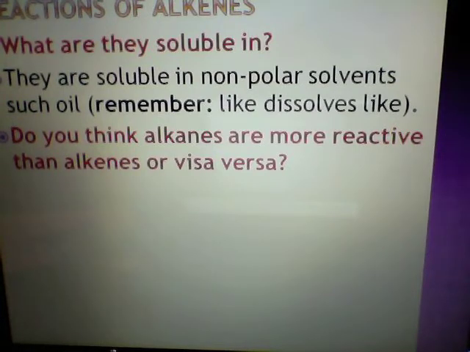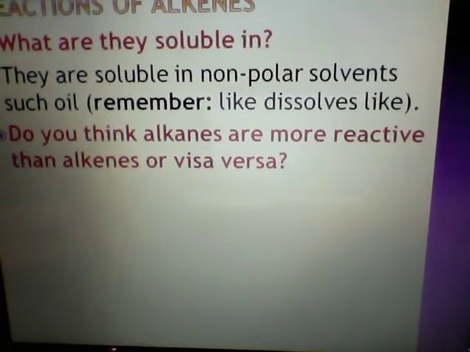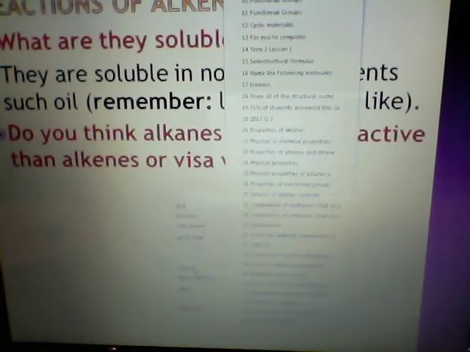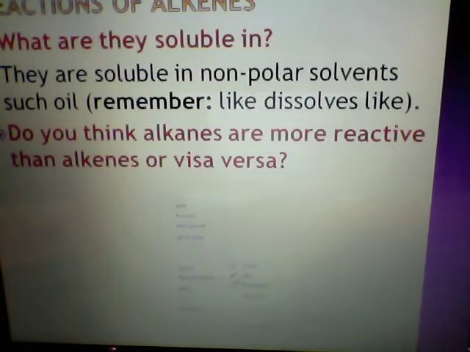So if bromine reacts with the alkenes but it doesn't react with the alkanes, it says something about the higher reactivity of alkenes. Okay, so it just so happens that the double bond is a more reactive site.